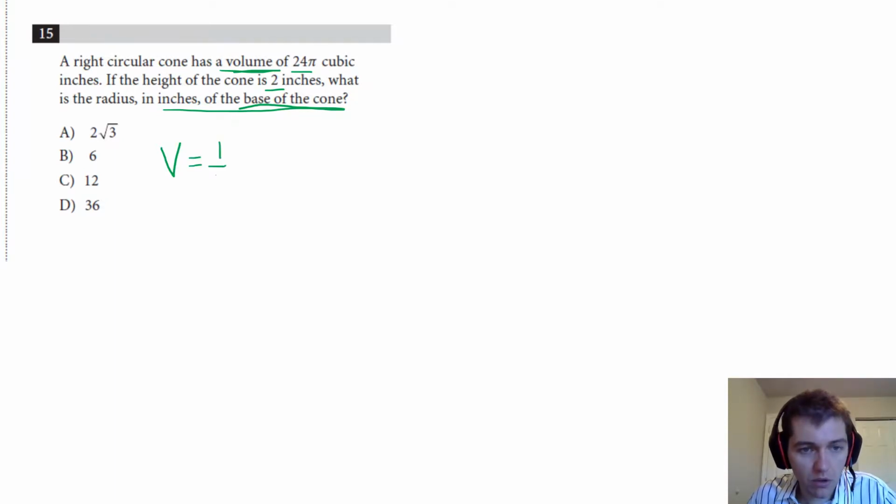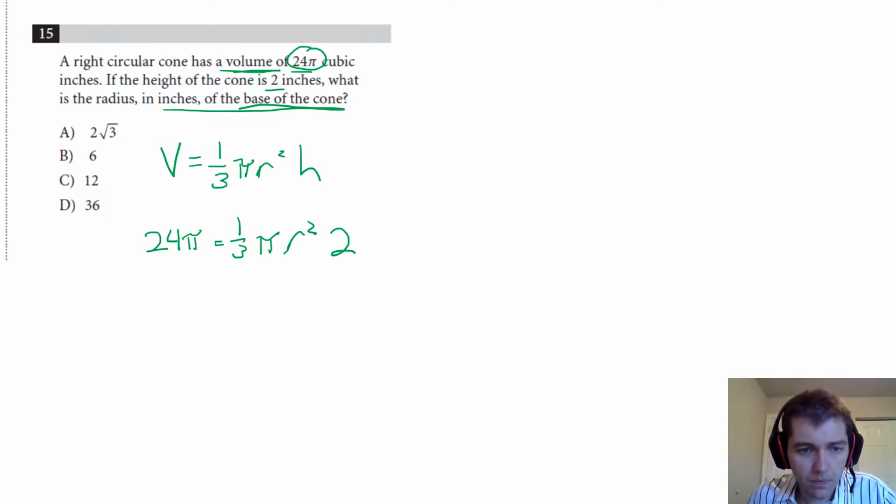Volume is equal to 1/3 pi r squared h, and they give you volume in terms of pi. So go ahead and leave it in terms of pi. It'll probably cancel out. They do these kind of problems on the SAT, and the pi's always cancel. So go ahead and plug in what you have. 24 pi is equal to 1/3 pi r squared h.